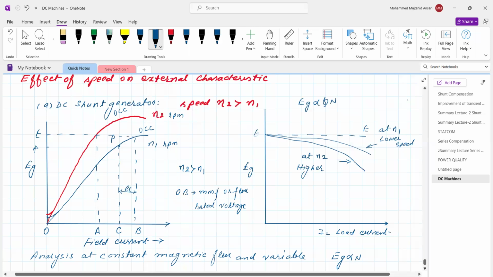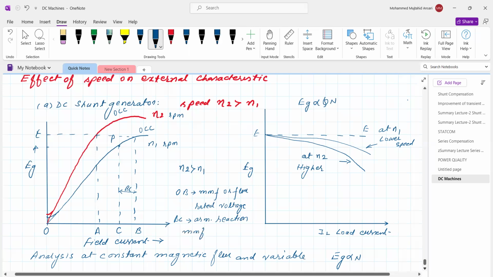Now, as the generator is loaded, it will give the armature reaction. But because of the strong magnetic field, the armature reaction will be smaller, meaning the effect of armature reaction will be smaller since the pole gets saturated. Let BC be the armature reaction MMF.